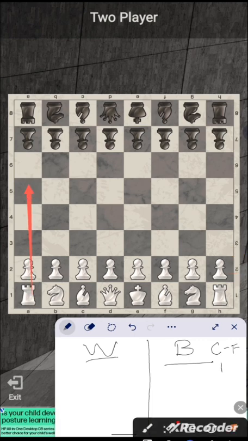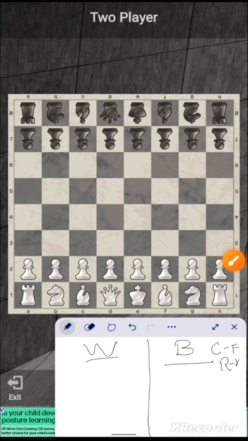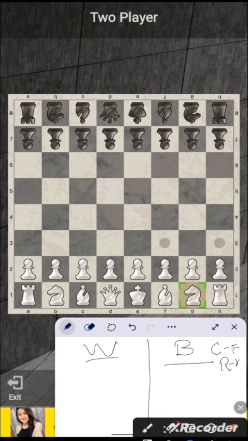These are files: a file, b file. And rows are known as ranks.